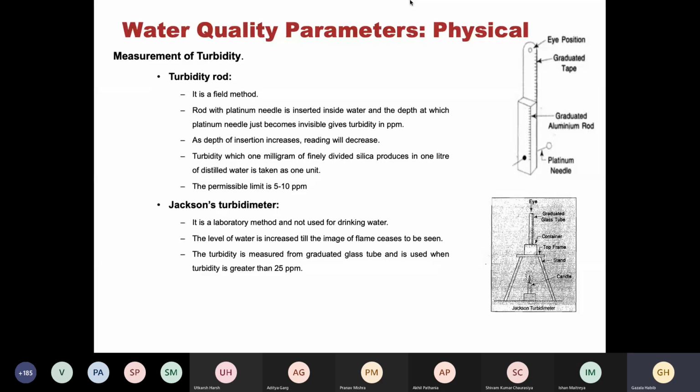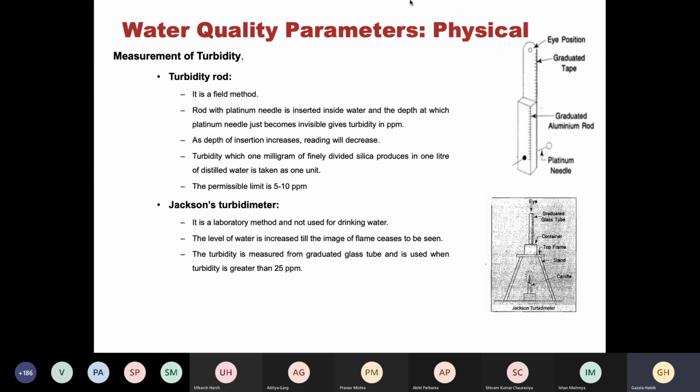Therefore, the graduation of this scale will be high downward and low upward. This method is good for low turbidity, like 5 to 10 ppm, so you can measure turbidity in that range.